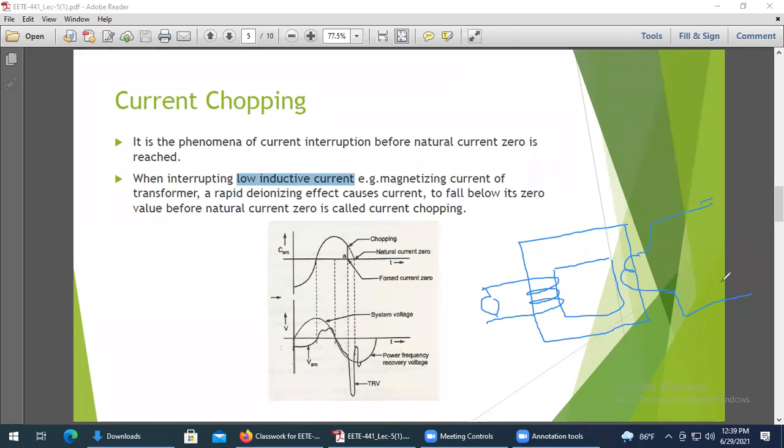So how much current will flow through the primary winding? That's the issue. Let's say the voltage here is V2, the voltage here is V1, this is the primary current IP, and this is IS, the secondary current.